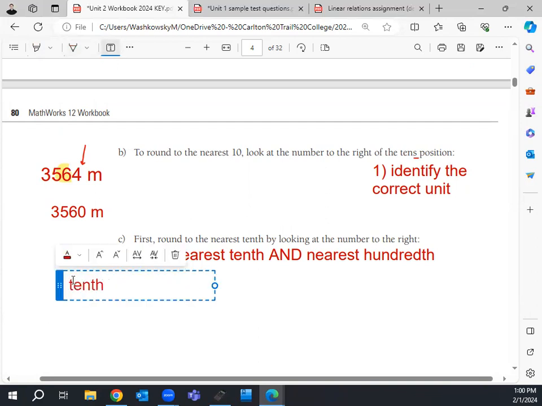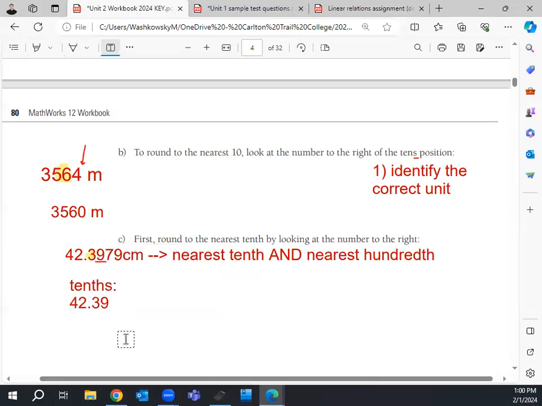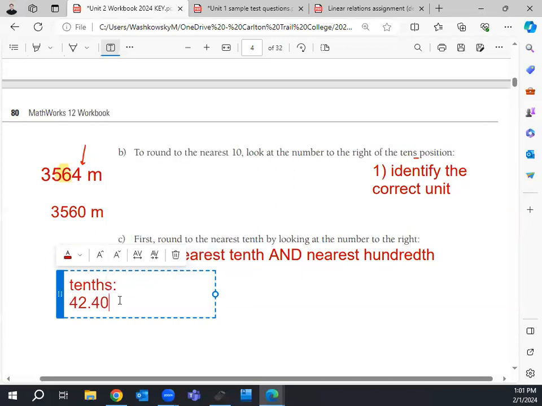So for the tenths, I would now get 42.39, and then I need to add on 1 here, right? Well, that's actually going to give me 40, or 0.4.